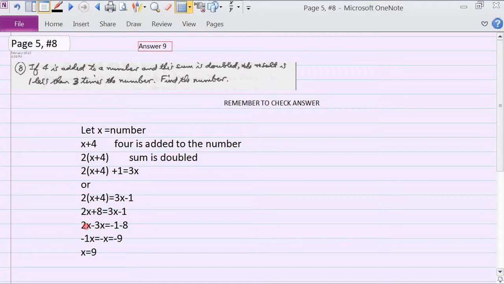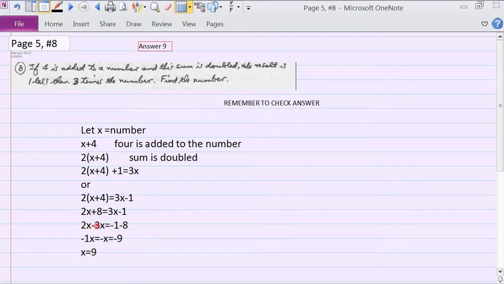The 2x is there already. The 3x is on the right, so I'm going to bring it over to the left. And the numbers we're going to bring to the right, and minus 1 is already on the right. And the plus 8 that's on the left, we're going to transpose to the right side and change the sign. So the plus 8 here becomes minus 8 here.